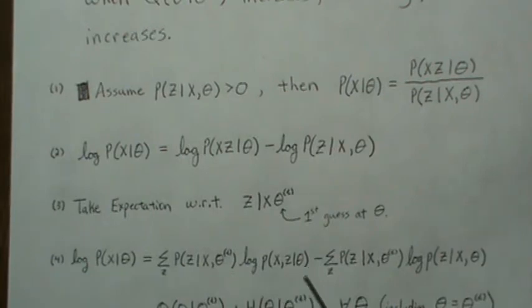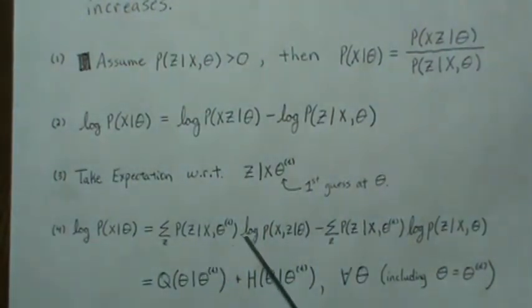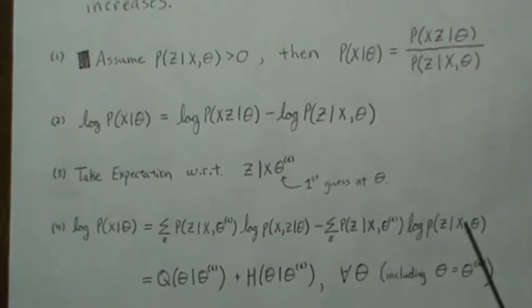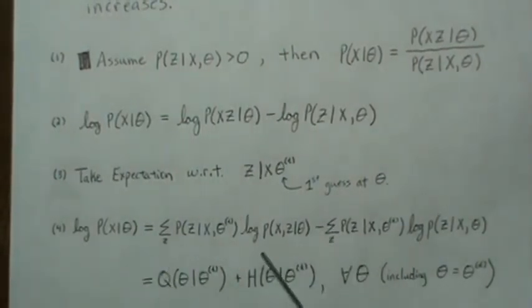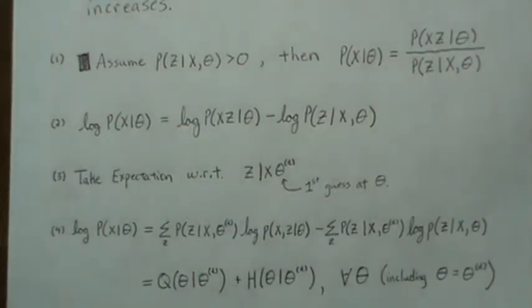This first part here we are going to call Q, and that's what the literature calls Q. And then this second piece we're going to call H. Now this is true for all theta, including if we set theta equal to theta t, this relationship is still true.